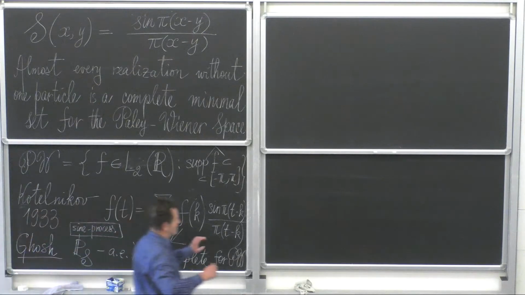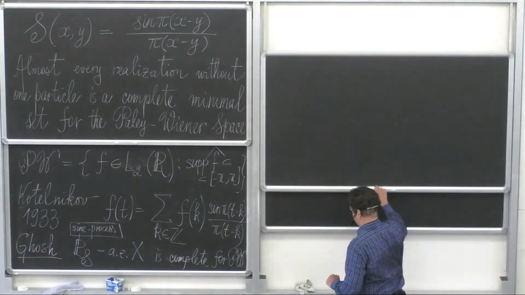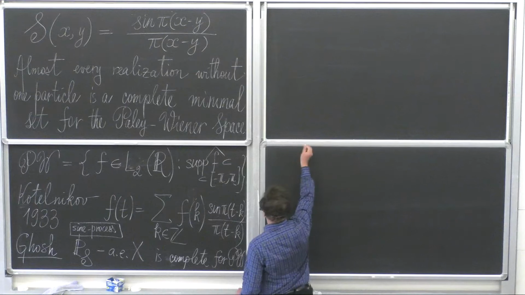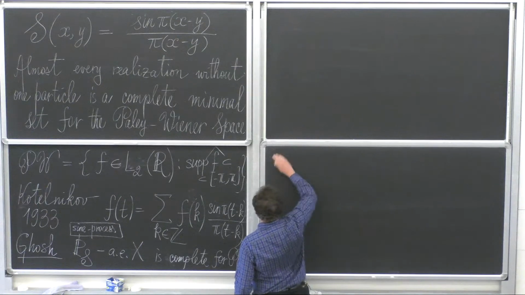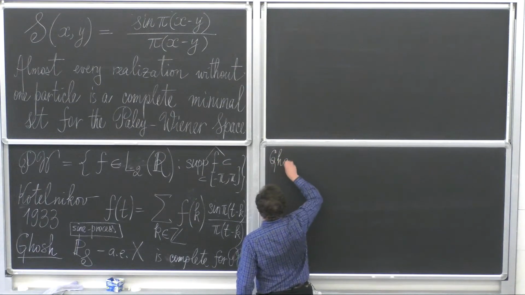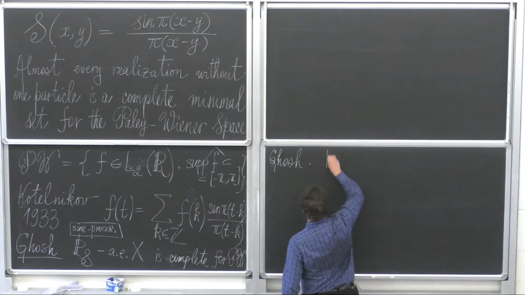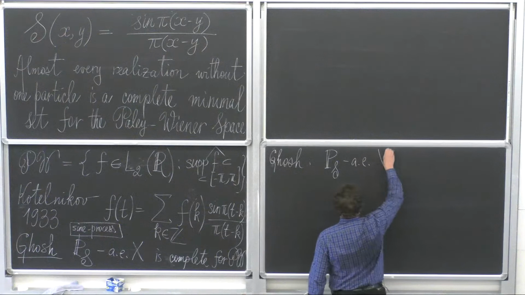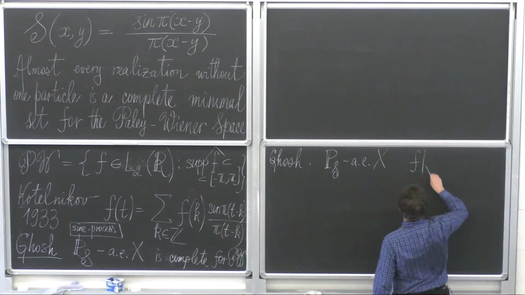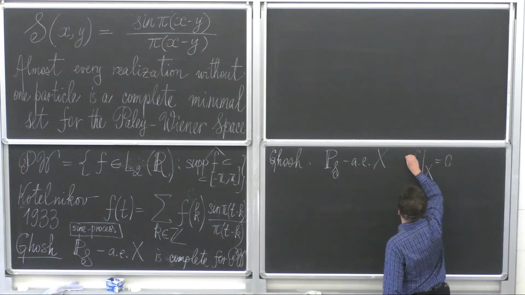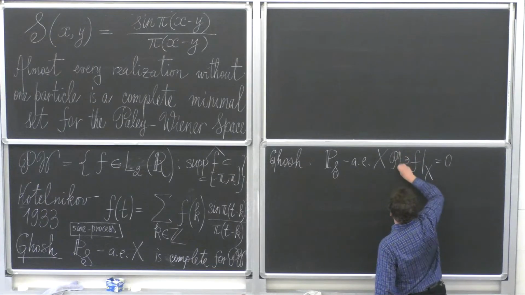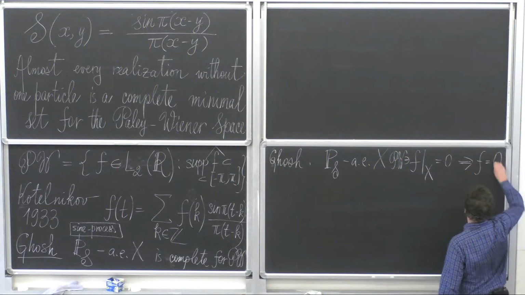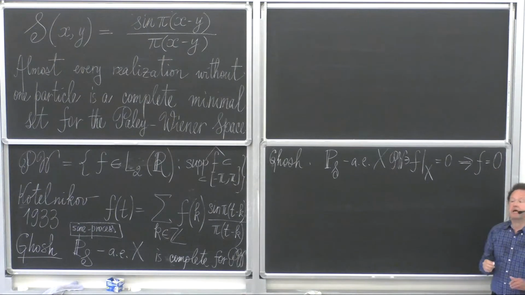Let me recall the definition of complete. So what do I mean by complete here? I continue with the theorem of Ghosh. For almost every realization X, if a function in the Paley-Wiener space restricted to X is zero, then it is in fact identically zero. This is what I mean by completeness.